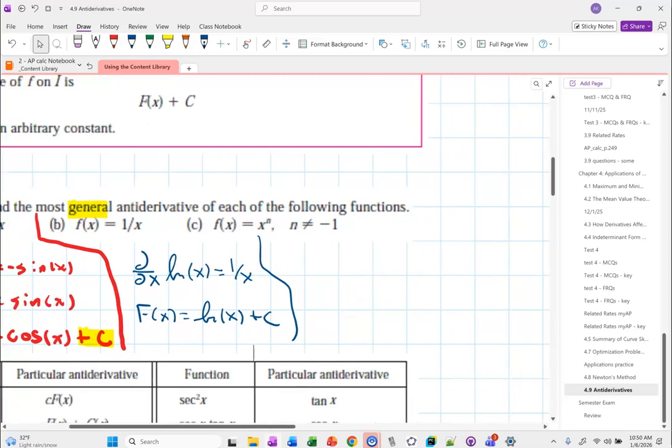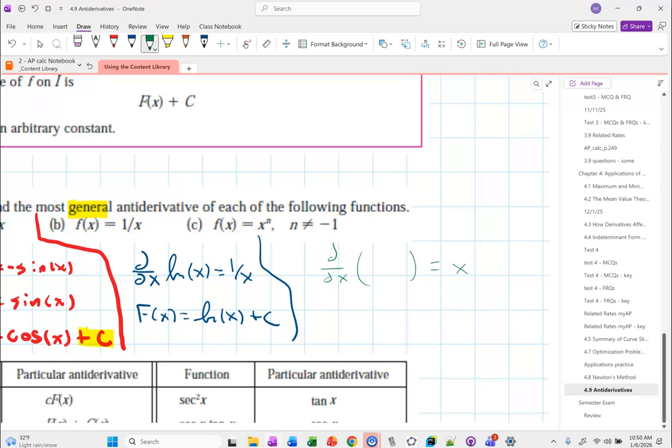Our last one here, we have x to the n. Well, let's think about the reverse process. I take the derivative of what is going to give me x to the n. And x to the n plus 1, I'm going to need that, right? Because I need to multiply by the exponent.